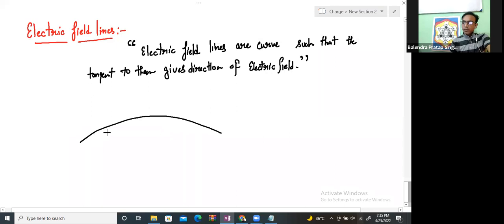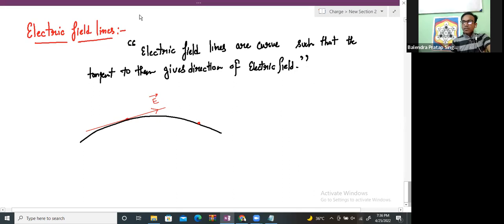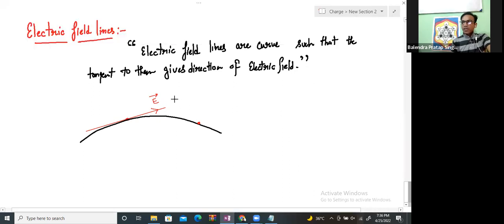This is a tangent over this curve, and this tangent will give the direction of the electric field at this point. If I'm interested in finding the electric field at another point, I can draw another tangent, which will give the direction of the electric field line at that point.